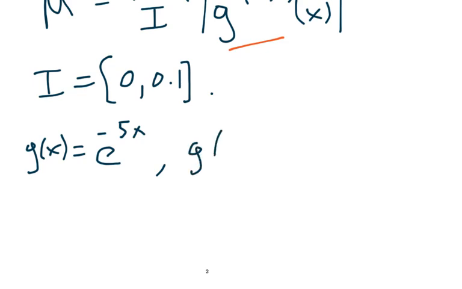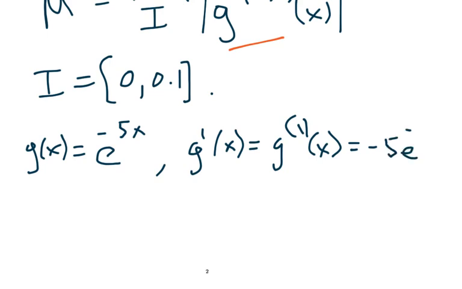Then g prime of x, which in this notation is g1 of x, is just minus 5 e to the minus 5x.